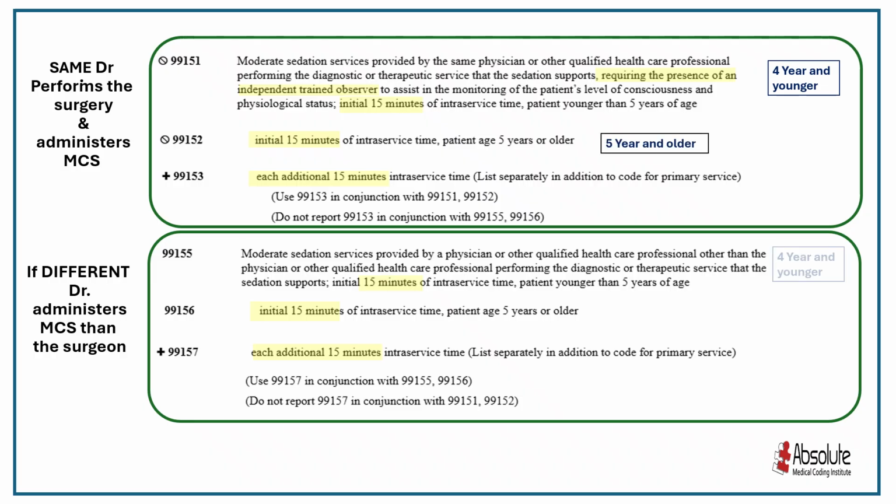We have CPT codes 99151 and 99155 that are used for patients age 4 years and younger, and codes 99152 and 99156 are used for patients age 5 years and older. There are also two additional or add-on codes in this moderate sedation series.